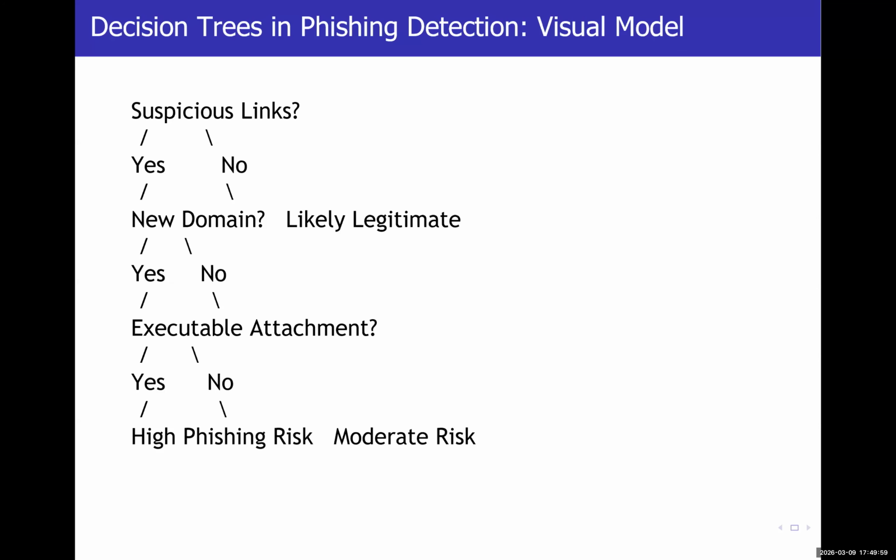If everything is no, it might be very low risk, for example. But this gives you sort of the overview of what a decision tree could look like, and then you would just have to refine the logic on it. And so basically, this visual representation helps explain why decision trees are often considered one of the most interpretable machine learning models.